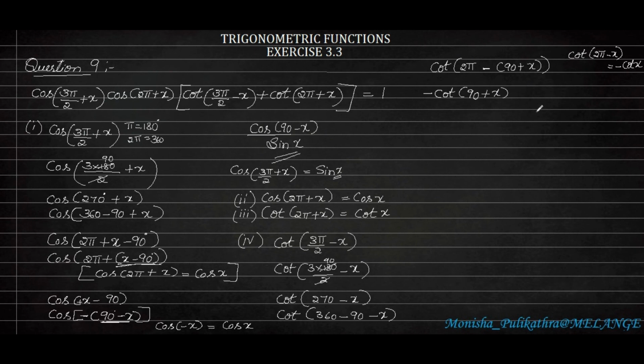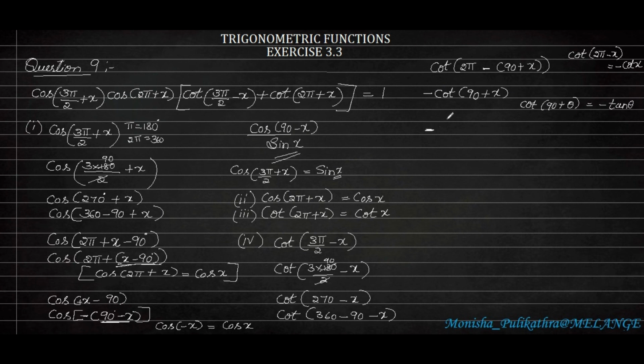Okay. So next, again we have to introduce a formula here, that is cot 90 plus theta. So cot 90 plus theta is equal to minus tan theta. This is the formula, instead of x there is theta here. So here already a minus symbol is there.